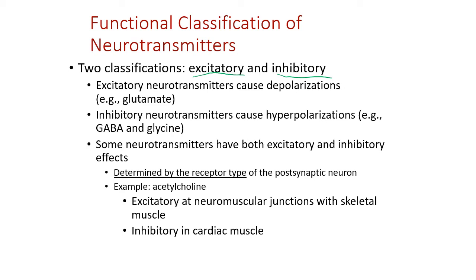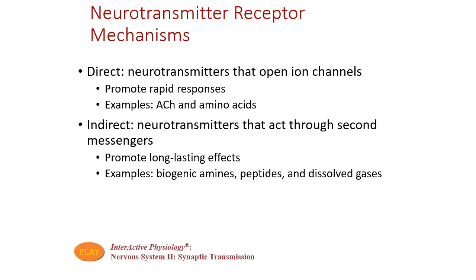But in the end, it's the receptor that is the important aspect, because we can have the same neurotransmitter, in this case acetylcholine, work as both an excitatory and an inhibitory neurotransmitter. We talked about it in skeletal muscle, where it is excitatory. It causes muscle contraction. But acetylcholine in cardiac muscle is inhibitory, and so it slows down the heart contraction. So it all comes down to that receptor and what it's going to do for that postsynaptic cell.